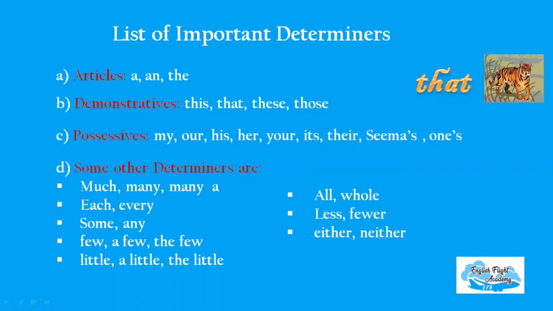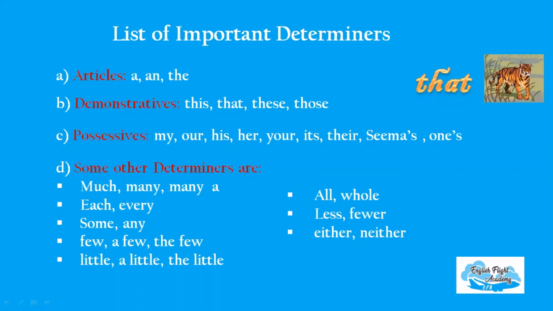List of important determiners. The first one is articles a and the. Second one is demonstratives this, that, these, those. And the possessives are my, our, his, her, your, its, their, Seema's, and one's.